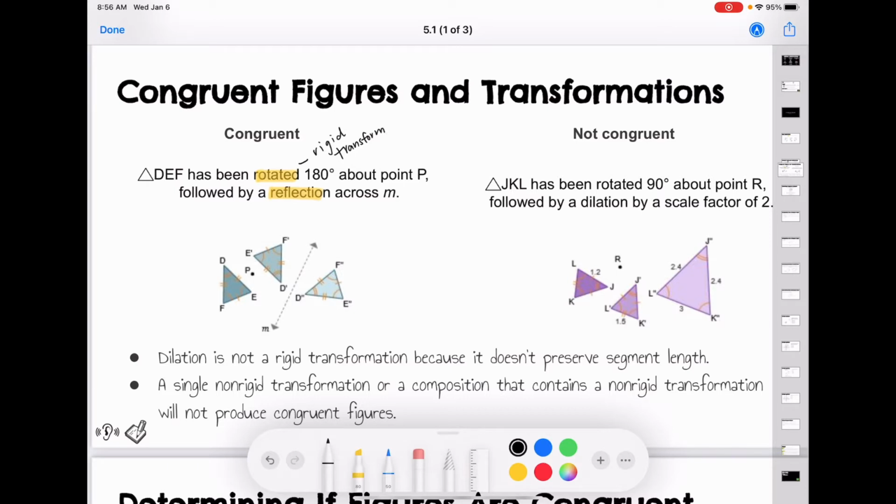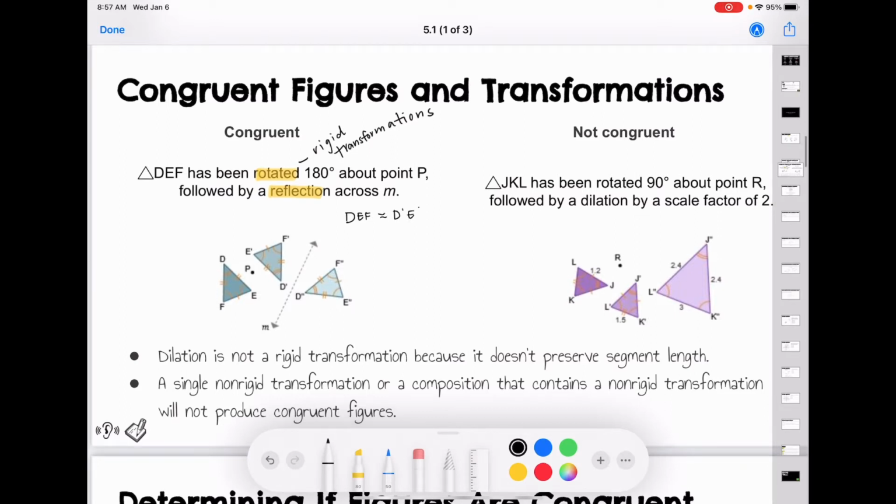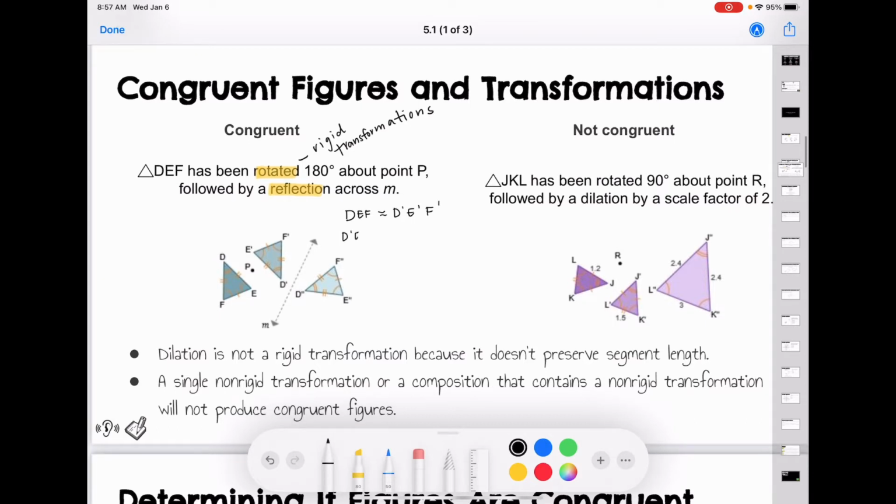So because we know we have rigid transformations in both instances, 2 rigid transformations, it's easy for us to assume that DEF is congruent to D prime, E prime, and F prime, and D prime, E prime, and F prime is also congruent to D double prime, E double prime, and F double prime.